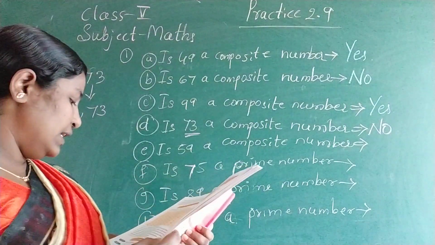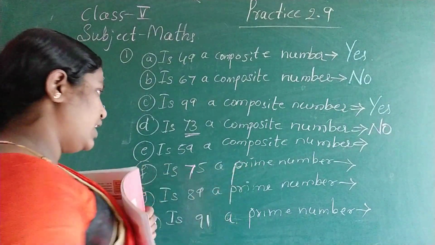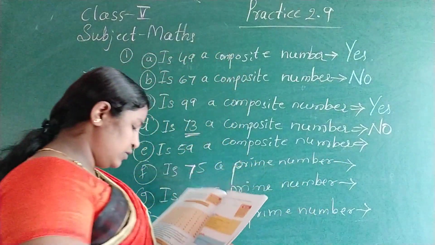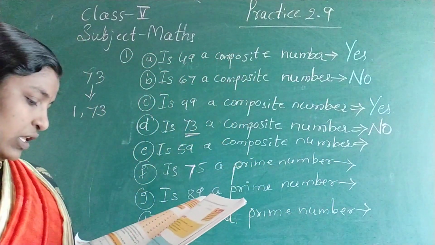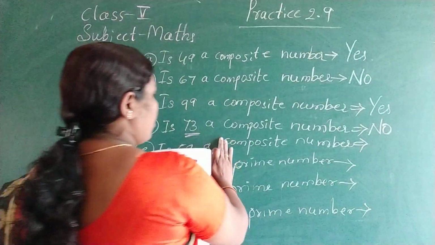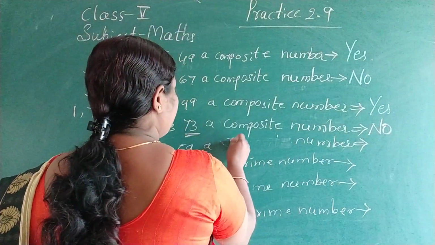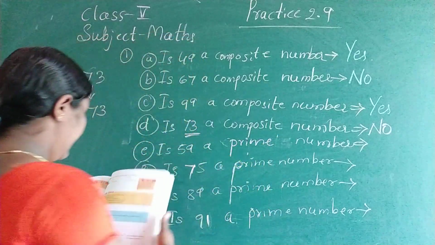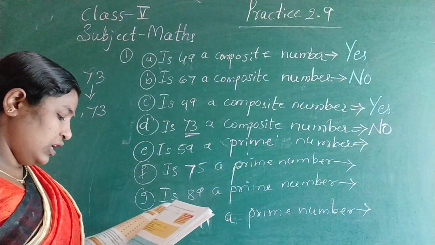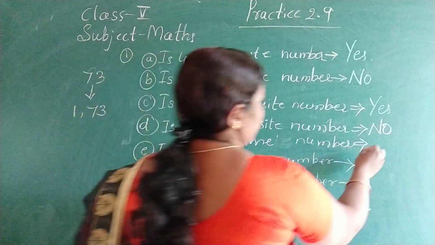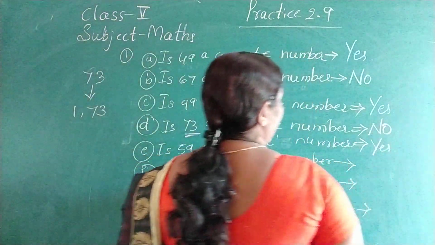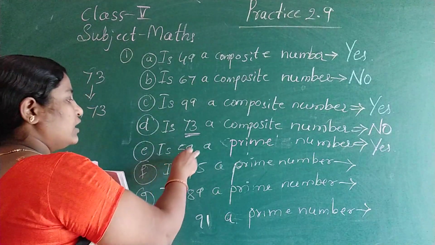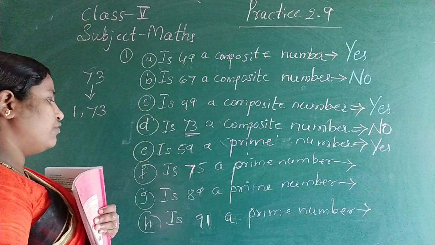See the list. 59 is there. So this is not composite. E. Is 59 a prime number? Yes, because 59 has only 2 factors, that is 1 and 59 itself.